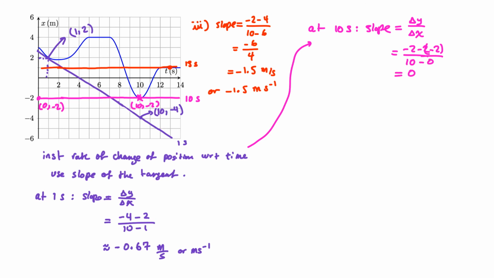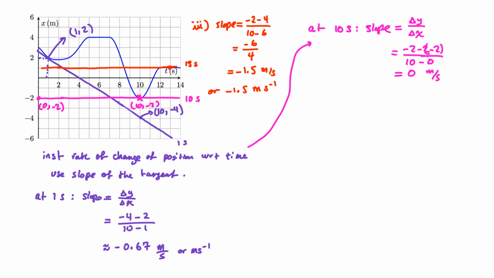This is going to equal 0. And my unit is meters per second. You don't need to display 0 as two significant figures in this case. It's just saying 0, it means it's exactly 0. That's it for my second one.